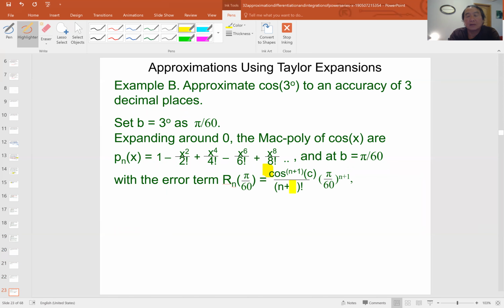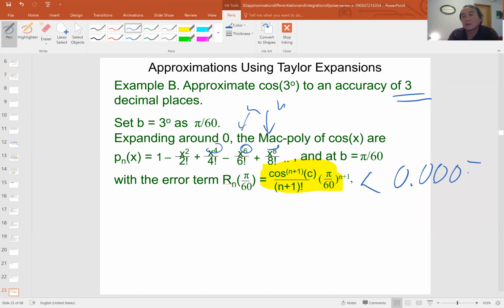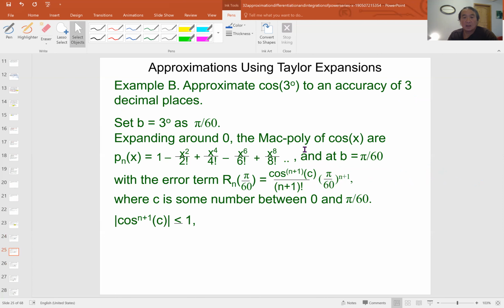I want to find a number n, what degree of polynomial I'm supposed to use, so that this remainder is less than 0.005, for 3 decimal places. Of course, this part I can replace by 1 because cosine goes from -1 to 1. So therefore, I get a numerical inequality which I can check.